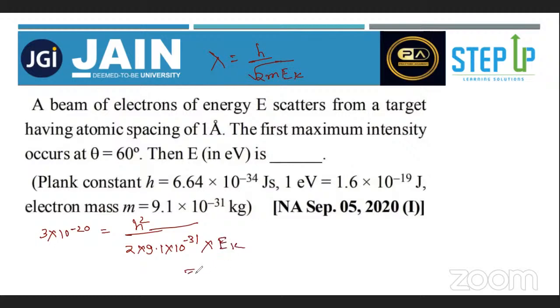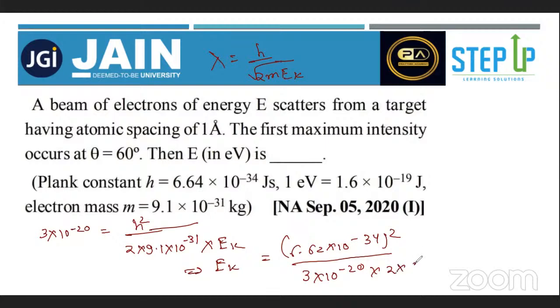It will be h squared, so (6.62 into 10 raised to minus 34) whole squared upon 3 into 10 raised to minus 20 into 2 into 9.1 into 10 raised to minus 31. Because we want the answer in electron volts, I have to convert it. This will give you the answer, and we get something around 50 electron volts.